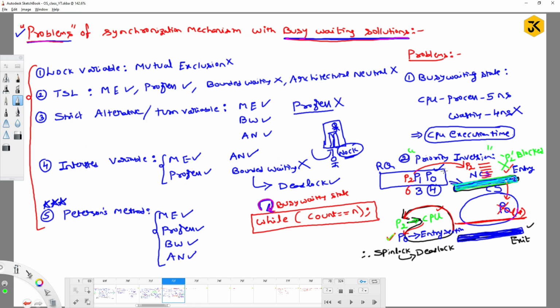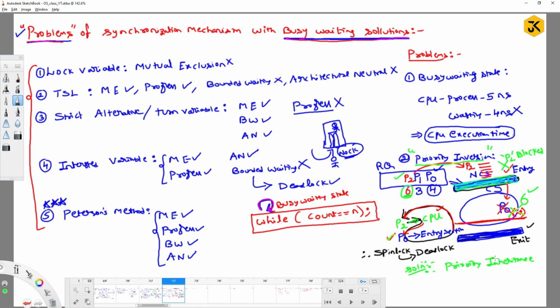The simple thing is, you can increase the priority of the process which is in the critical section to the same priority number. If a process is in the critical section and a higher precedence process comes into the picture, I will make this 6 so that it executes first, then P2 executes. This is the solution called priority inheritance.